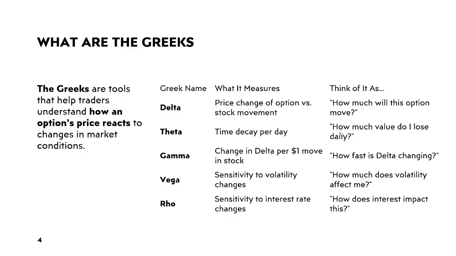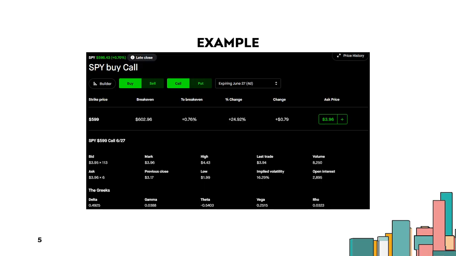Theta, of course, because this was a contract that was added yesterday, you can see that if the stock stayed the exact same value, which we can see right here, SPY is at 598.43, right? If SPY opened at 598.43 and closed at the end of the day at 598.43, you would still lose 54 cents on that contract.